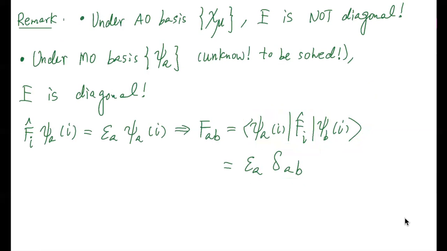And obviously, if A is not equal to B, which means you're considering two different molecular orbital bases, then the matrix element of the Fock matrix is equal to 0. And therefore, the Fock matrix is a diagonal matrix if you use molecular orbital bases. Okay. So this is just about the structure of the Fock matrix. If you use different bases, the elements will be different.